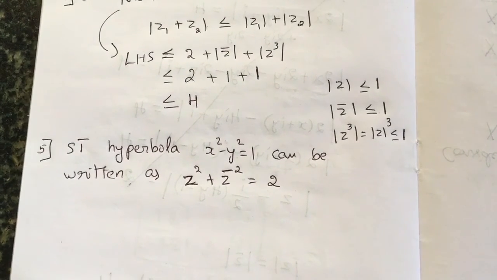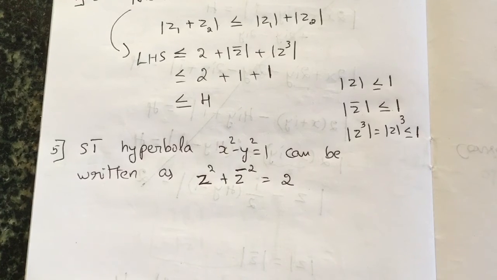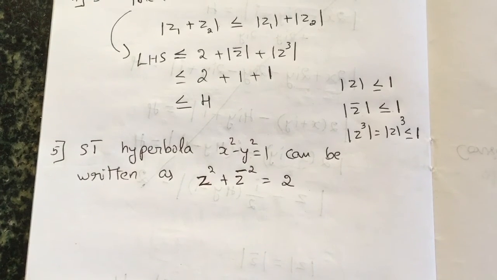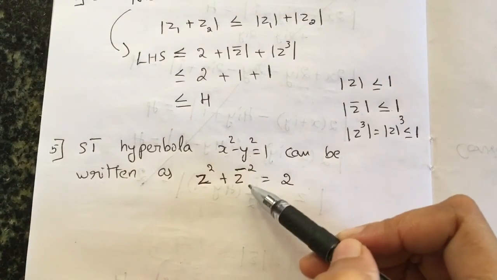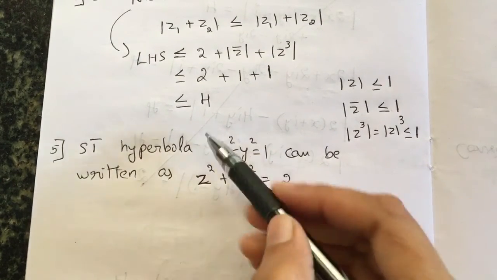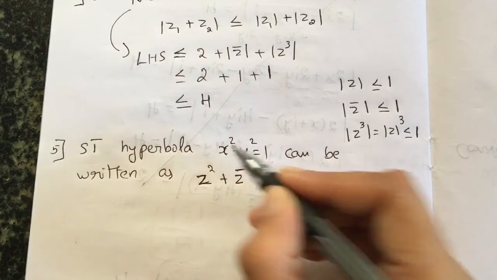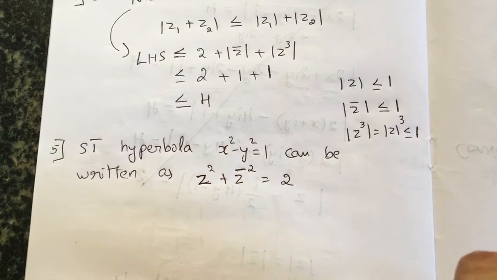One more problem. Show that the hyperbola x square minus y square equal to 1 can be written as z square plus z bar square equal to 2. See, in the sense, I need to replace x and y by z and z bar.